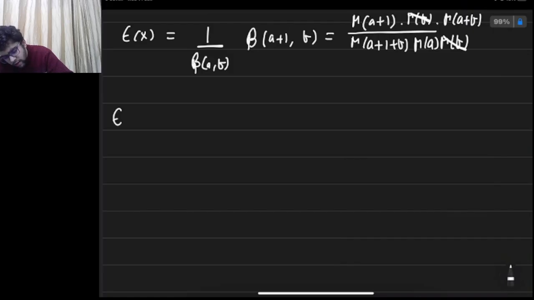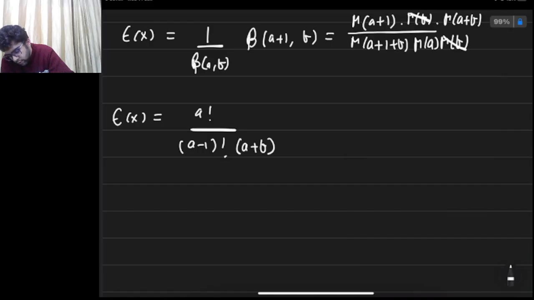So this gives me the expected value as gamma a plus 1 into gamma b divided by gamma. So gamma a plus 1 becomes a factorial, right? So this becomes a factorial divided by a minus 1 factorial, and this gamma a plus 1 plus b becomes a plus b factorial.